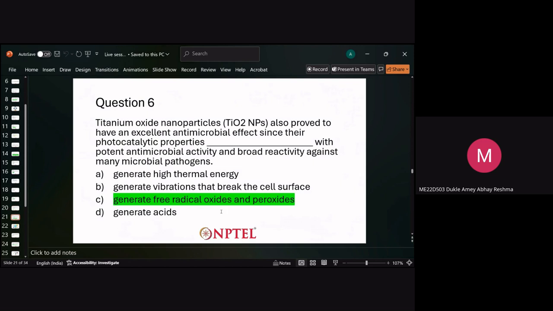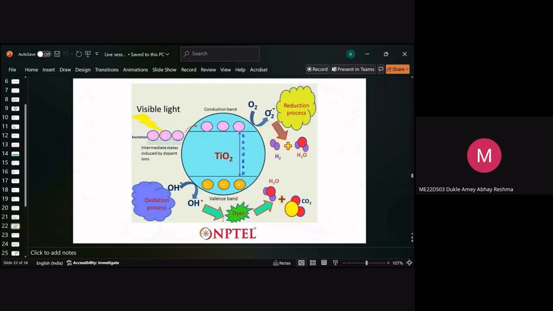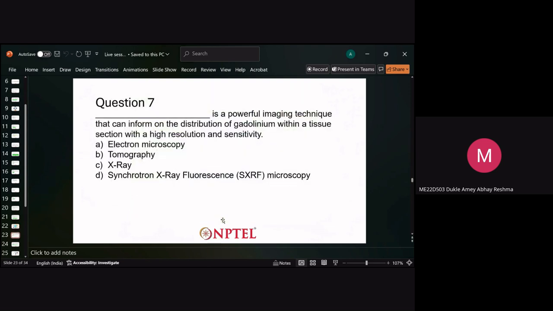So the answer is generate radical oxides and peroxides. This is how it works. When visible light is absorbed by the titanium dioxide molecule, excitation happens that generates free radicals as well as hydrogen peroxides. These peroxides create oxidative stress on the bacteria, and this gives the antimicrobial properties.